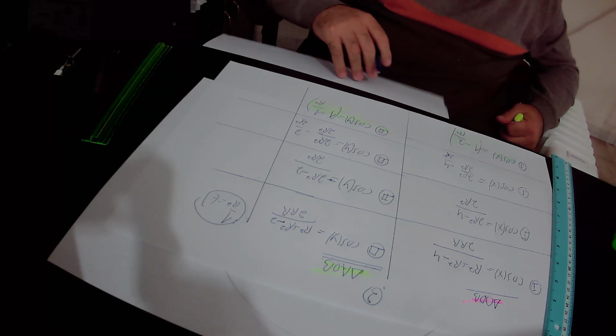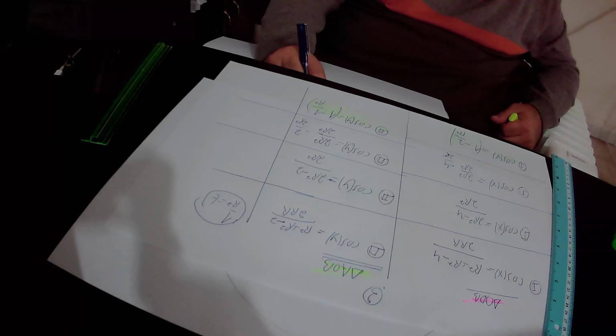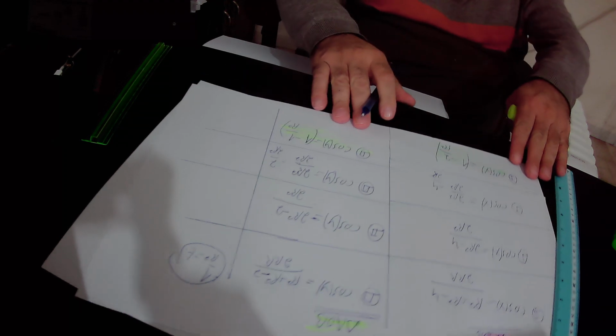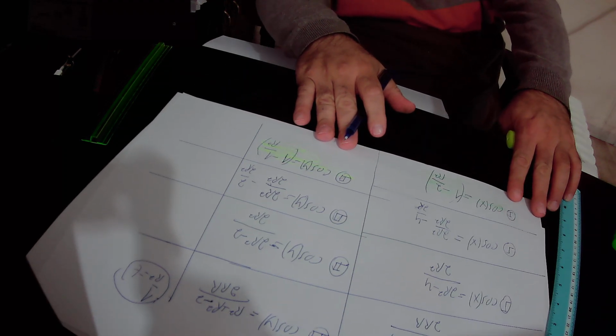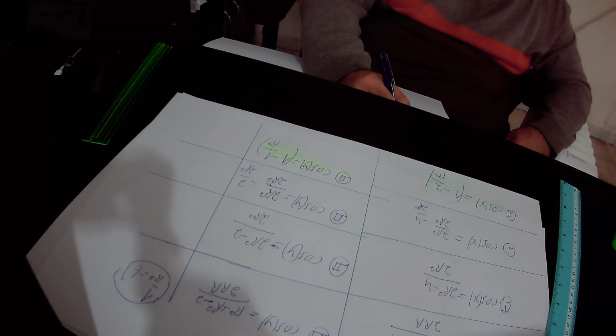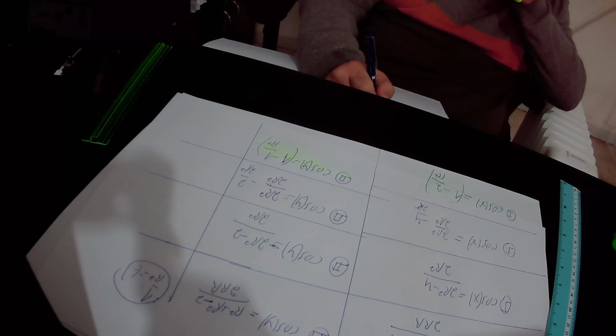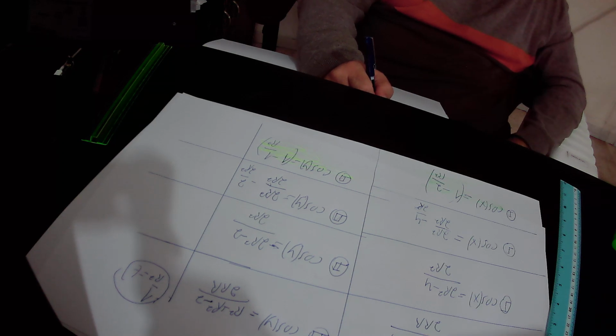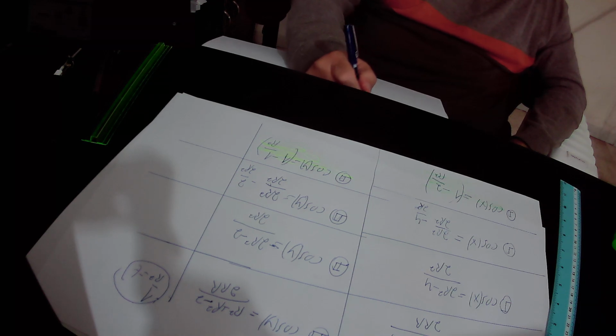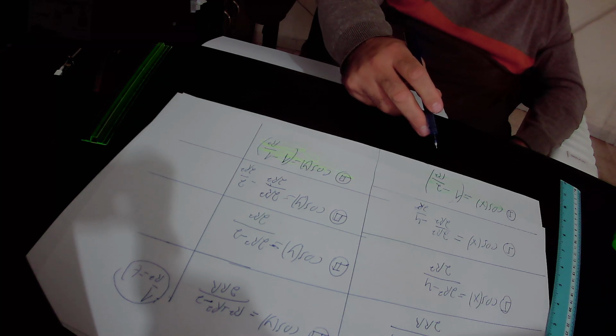And we get that according to equation number 1, cosine x equals 1, and we have minus 2 times 1 over r squared.